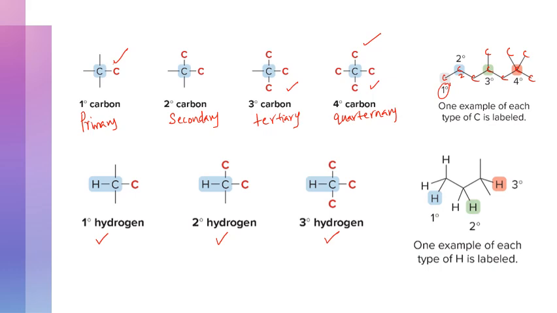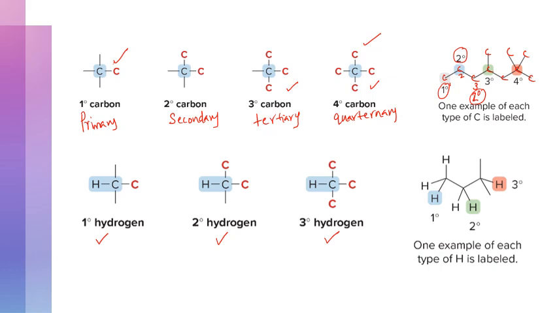The second carbon is attached to two other carbon atoms, on the left side and the right side, so we call it a secondary carbon atom. The carbon atom number 3 is also attached to two other carbon atoms, left and right, so it is a secondary carbon atom too.